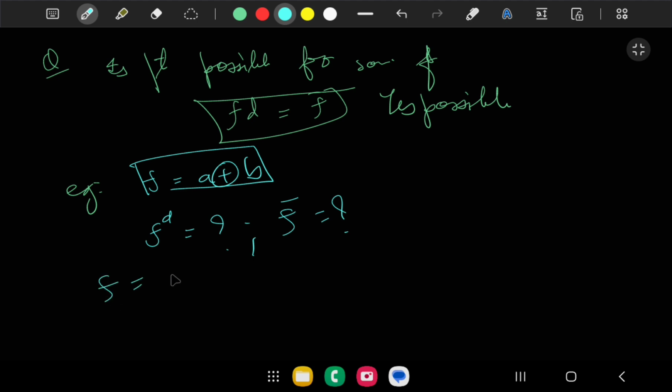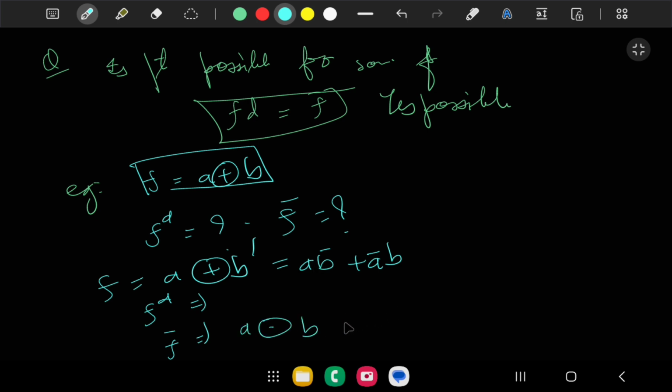So this is your function. If you have to find f dual, what will you do? A b bar plus a bar b. F complement you already know, which is ab plus a bar b bar.